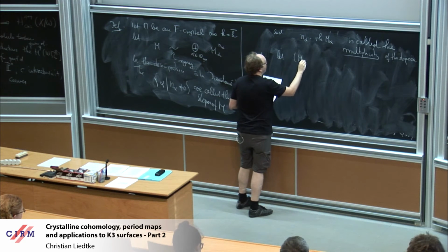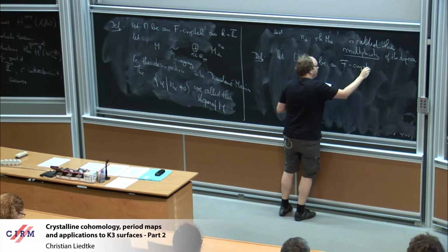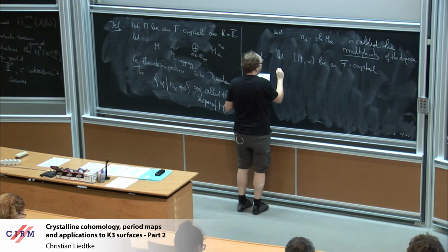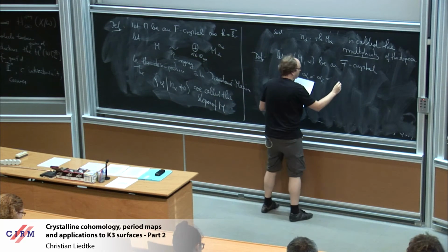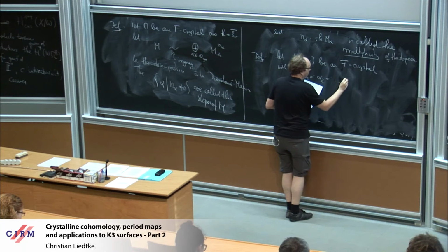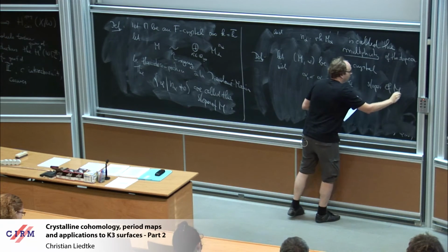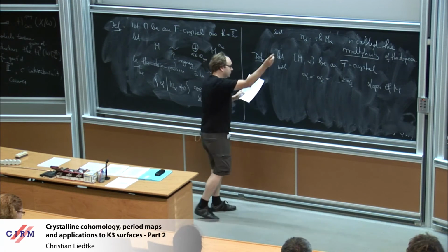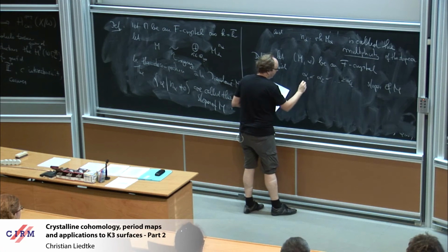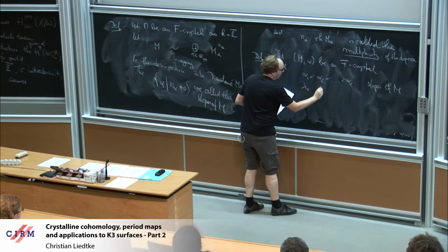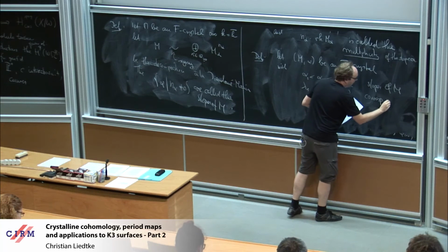So let M be an F crystal with alpha 1, so the slopes of M. I order them increasingly: lambda 1, lambda 2, up to lambda t, the corresponding multiplicities.